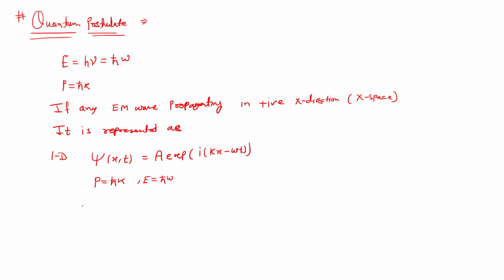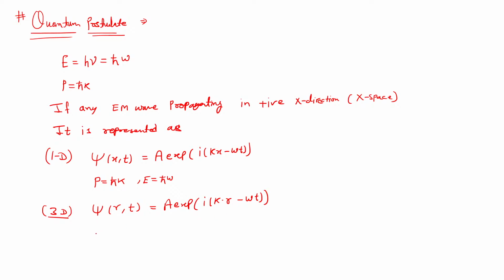As we just discussed about the operators, you can write the P operator and E operator here also. For 3 dimensions, x will be replaced with r, so the wave is exponential of i k dot r minus omega t.